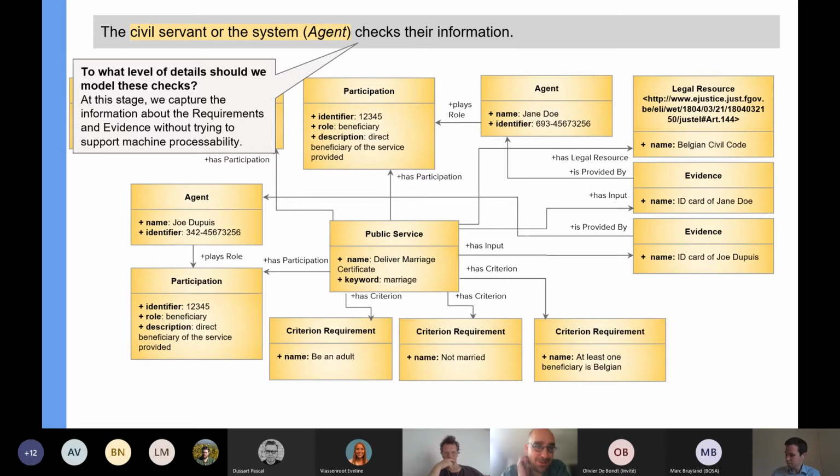Yes, I just wanted to react to what Thomas was just saying. His last sentence was exactly what I wanted to address. If we understand this exercise as having the goal of informing about public service, this is sufficient, because we will know what will be needed at some point in the procedure.